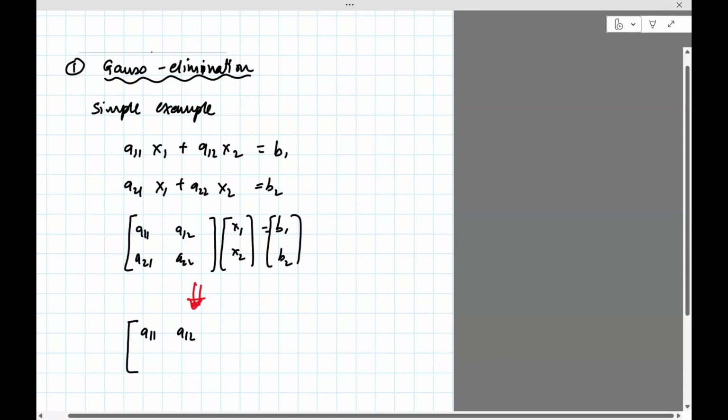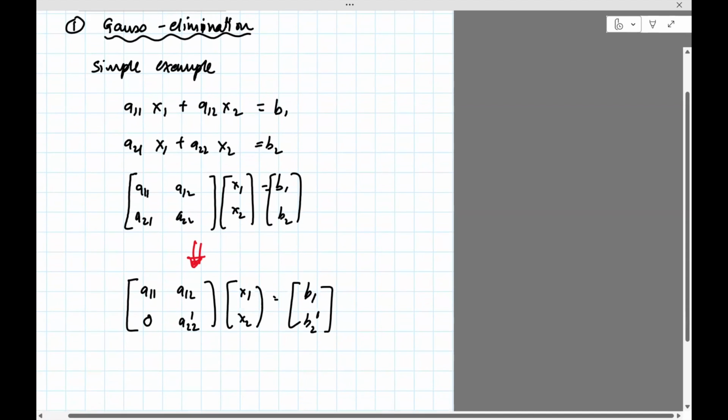A11, A12 is untouched. It'll create a 0 here, and then there'll be A22 prime, x1, x2. B1 will be untouched, and then B2 will be B2 prime. A22 prime and B2 prime are something which I will show you how to compute. But if this equation was suddenly reduced to that equation, this is much easier to solve.